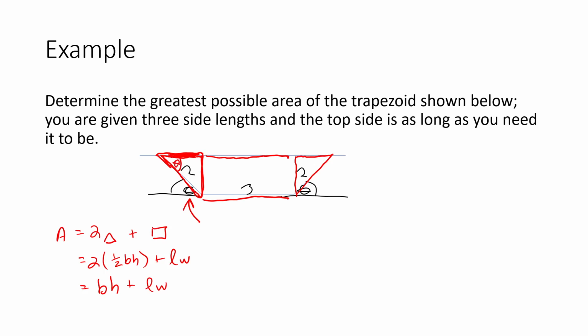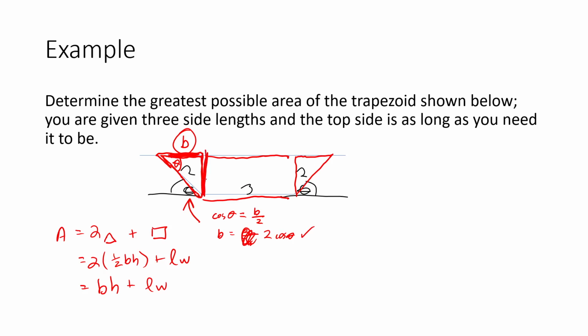Using SOHCAHTOA, since 2 is my hypotenuse, and the base is this length along the top, cos theta is equal to adjacent over hypotenuse. So cos theta equals b over 2. Sorry, b is going to equal 2 times cos theta. So this length along the top, b, is equal to 2 cos theta.